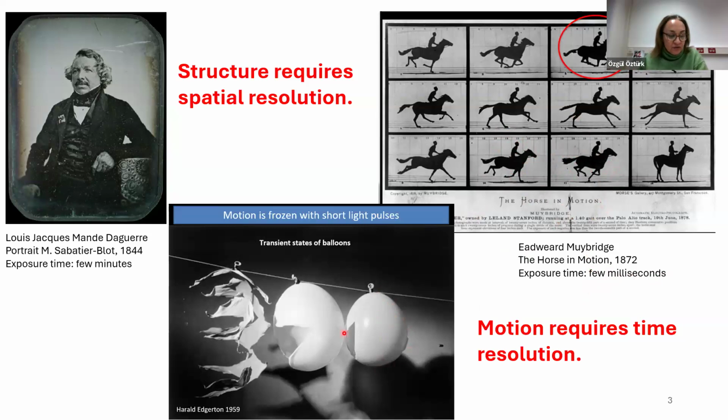Finally, in the 20th century, in 1959, this photo from Harold Edgerton showed that with sufficiently short light pulses, motion can be completely frozen, even if the events last microseconds or less. So here you see the transient states of balloons.